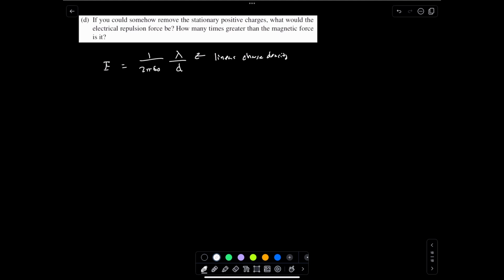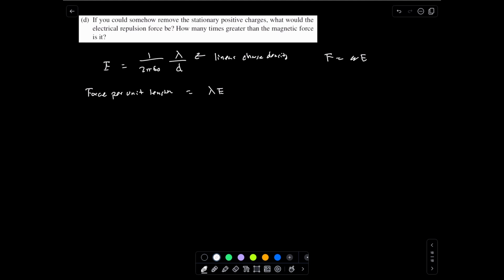Knowing this, we know how to calculate force, which is force equals the charge times the electric field. However, to calculate force per unit length, our formula here is lambda times our electric field.